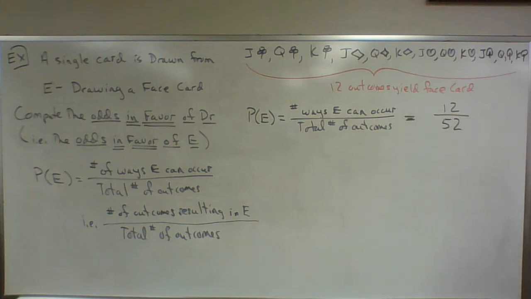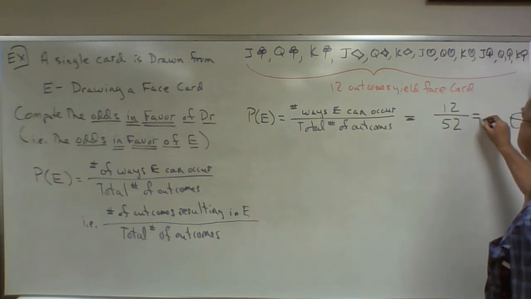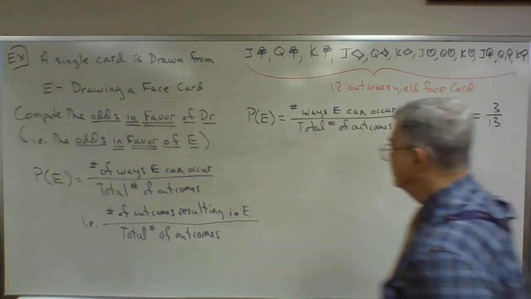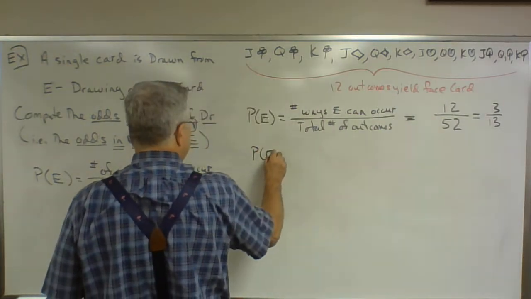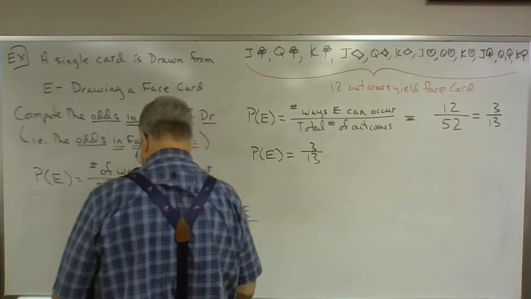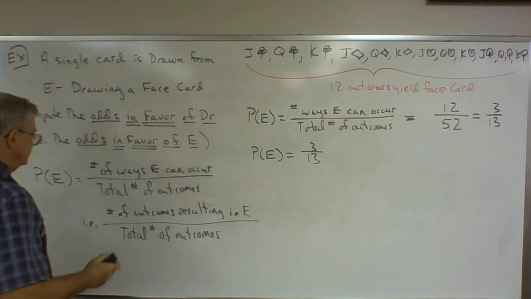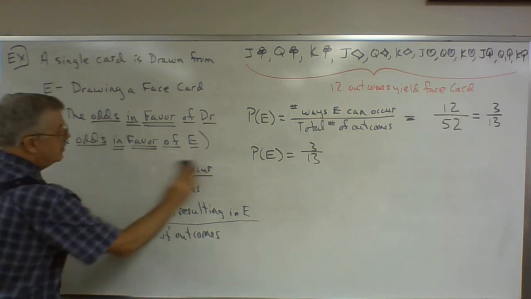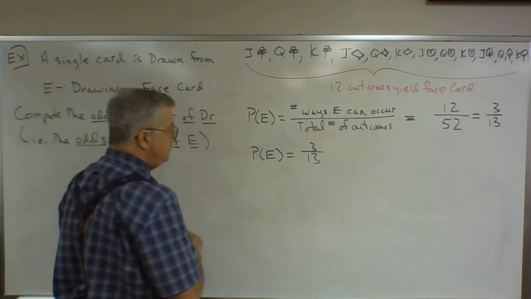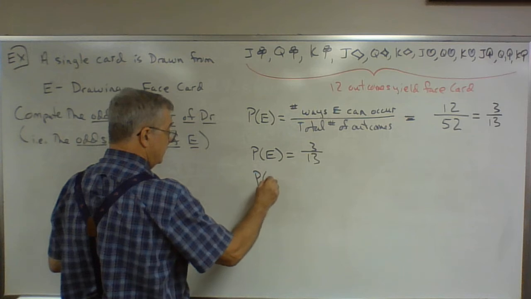And I think we can divide top and bottom by 4. Okay. Probability that E occurs is 3 over 13. Now, to find the odds in favor of E occurring, we also have to find the probability that E doesn't occur. We need that.